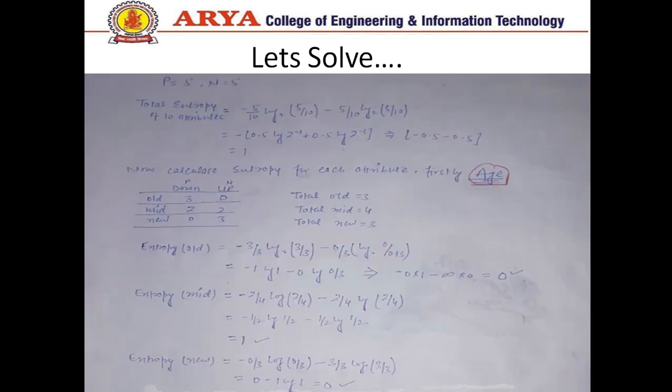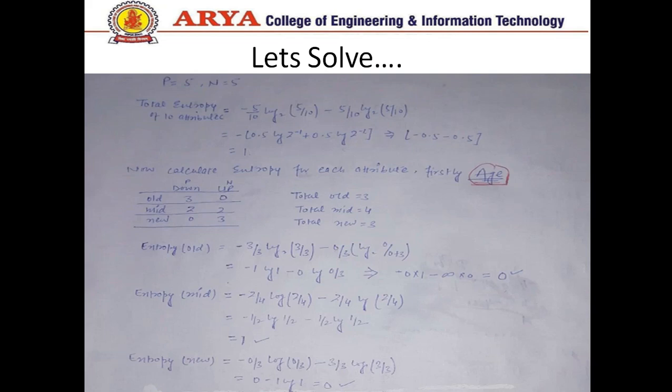Here we have 5 values for P, that is probability of yes. We are denoting this by down, and for no, probability of no is shown by up. So first of all we calculated the value of P and N. We have 5 P's and 5 N's.